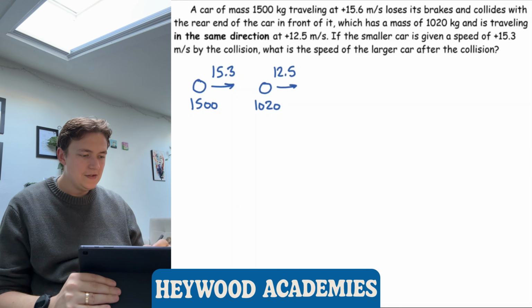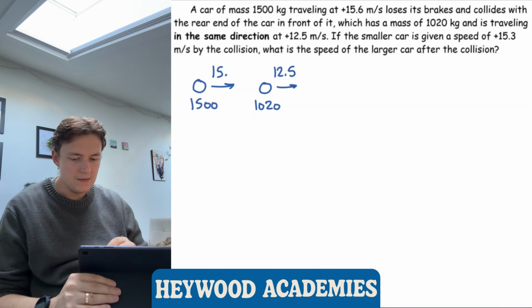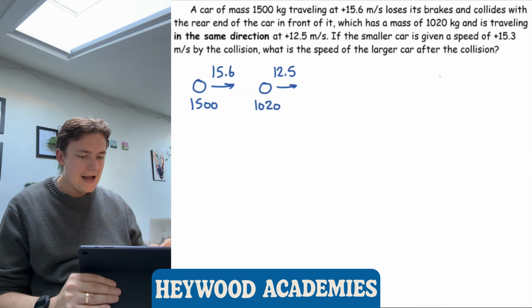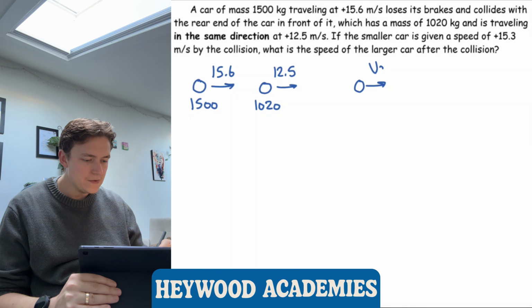And then after these two cars collide, the small car is given a speed of 15.3. So now the big car in the back, we are not sure how fast it's moving. Its final speed is unknown, still 1,500. Then the other car is moving at 15.3.